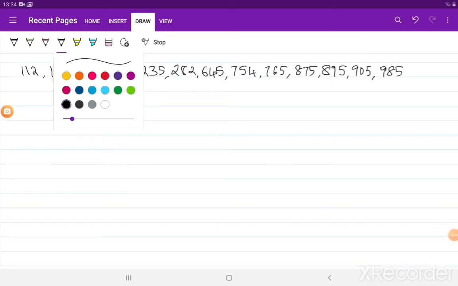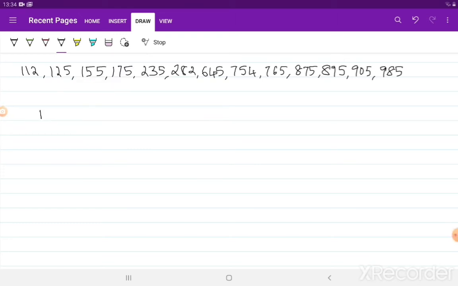Now to find P16 and P65. P16 is the 16th percentile, so let's find the position of the 16th percentile. The 16th percentile will have 16/100 of the observations lesser than it.